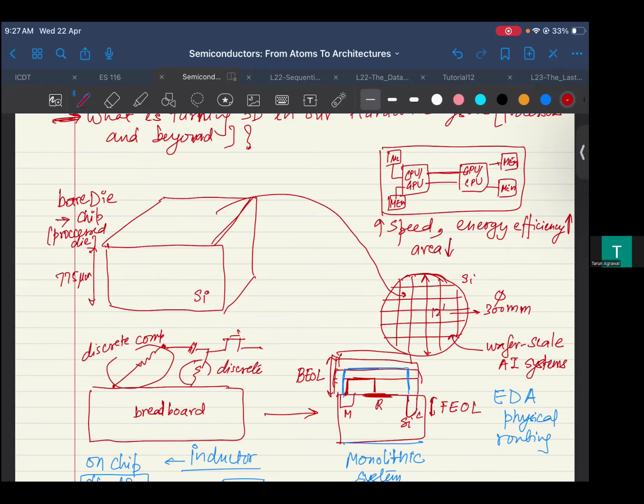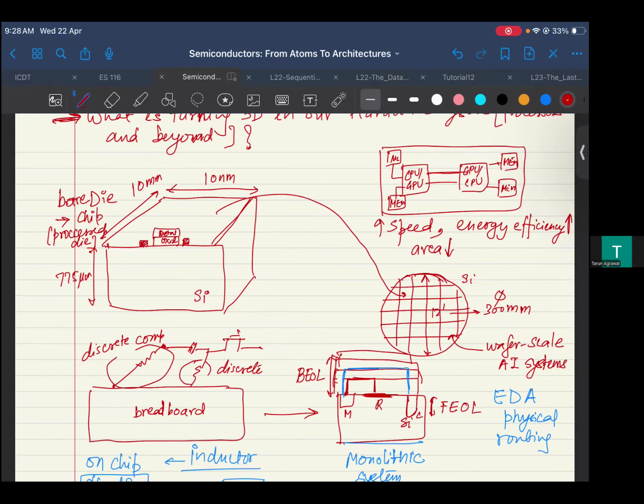Now we already saw one very classic example, the MOSFET. You can put in a MOSFET, let's say a metal, an oxide, and then you can put in your contacts, whatever you want, though I'm drawing it very big compared to the die. Let me give you some sizes. A typical die size could be 10 mm by 10 mm.